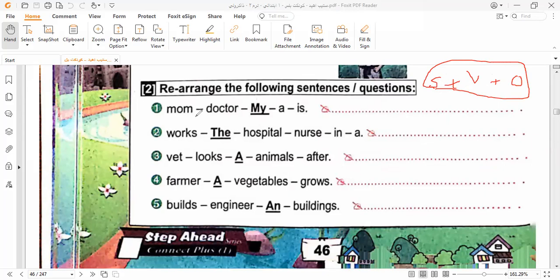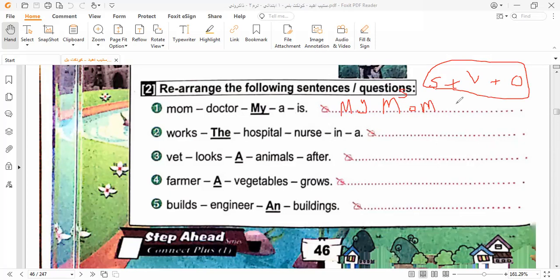Let's go to answer the questions below. Here, what I say, my mom. So this is the subject. I will answer 3 and I leave 2 sentences to do as homework, to practice by yourself, okay?